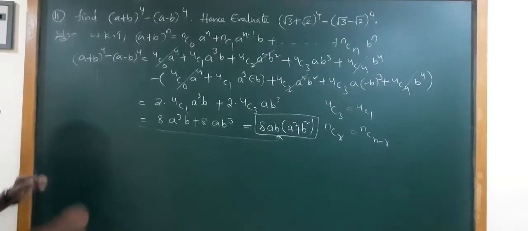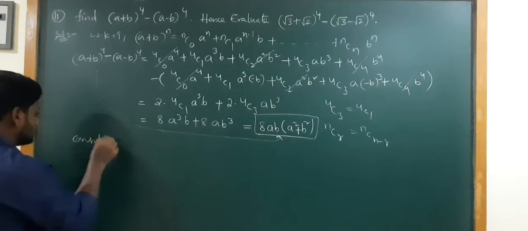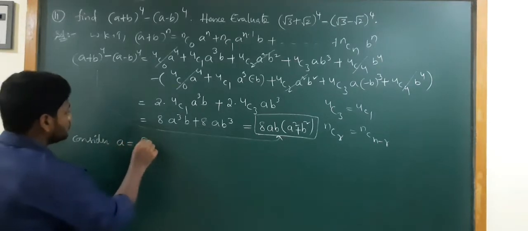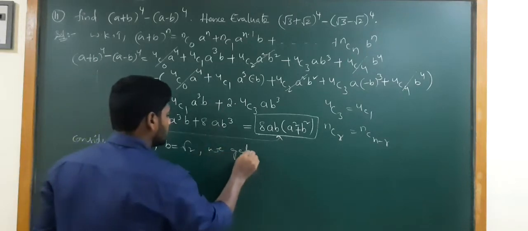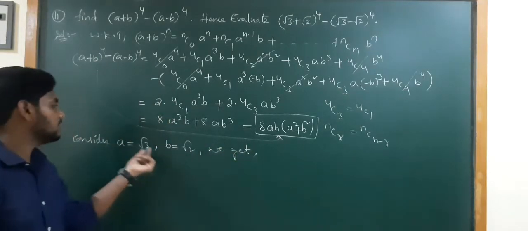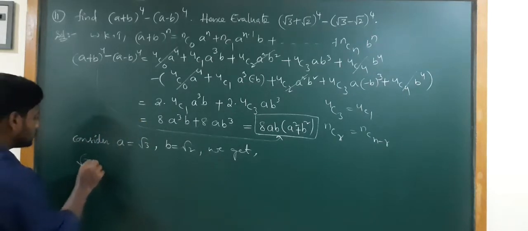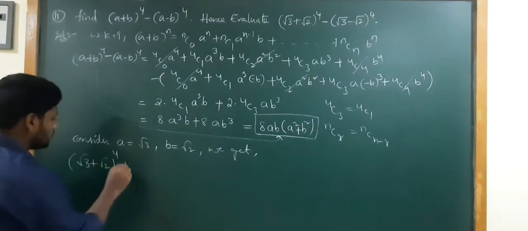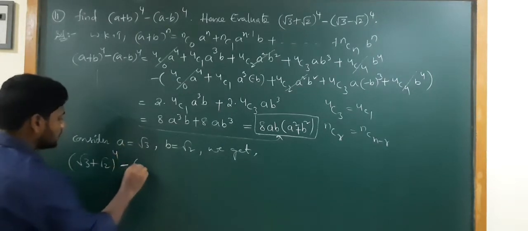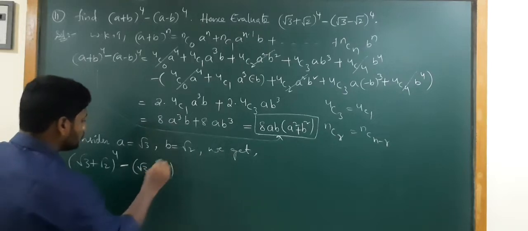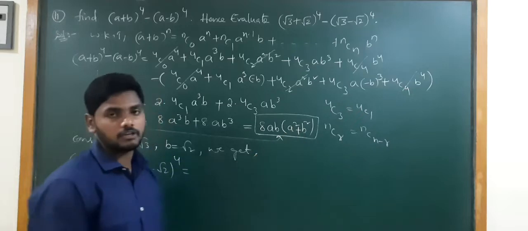Now, consider a equal to root 3, b equal to root 2. Substituting in this equation, it will be (√3 + √2)^4 minus (√3 − √2)^4. So it will be equal to 8ab into (a^2 + b^2).